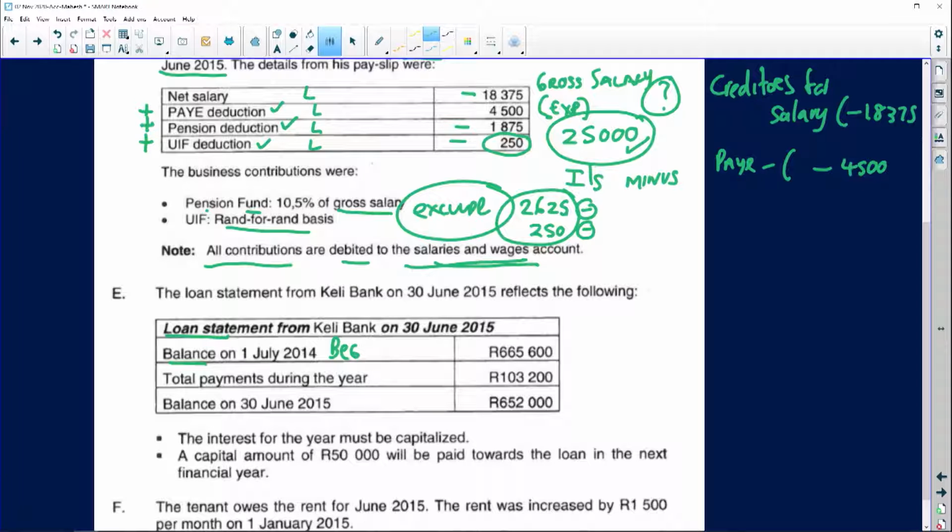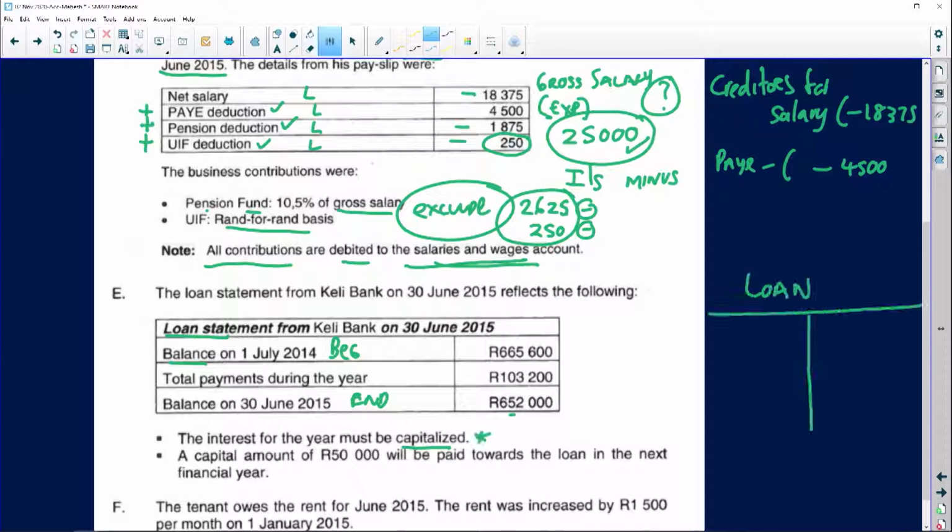Then I've got balance on the 30th of June 2015. So obviously end of the financial year, my loan is sitting at 652,000. And then I've got additional information. The interest for the year must be capitalized. A capital amount of 50,000 will be paid towards the loan in the next financial year.